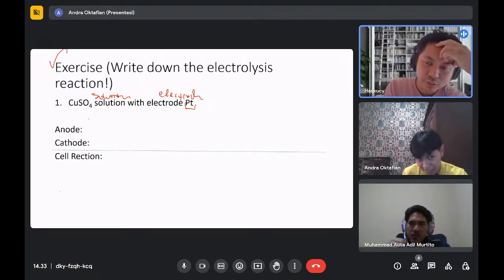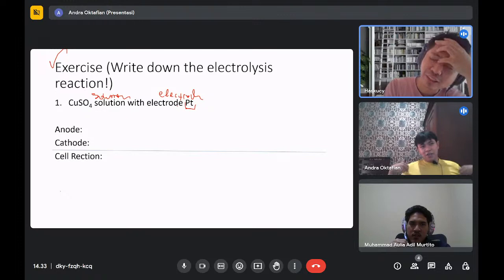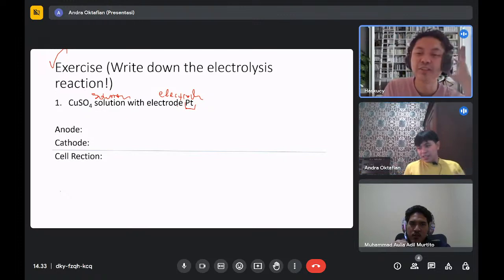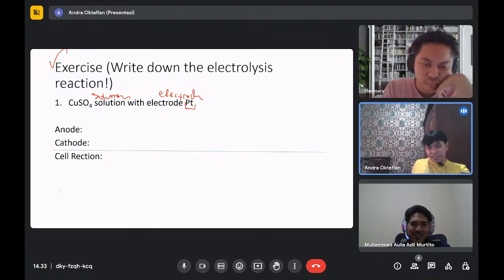The anode should be platinum, right? Sorry, no, the answer is that the anode depends on the reaction that we already saw just now.